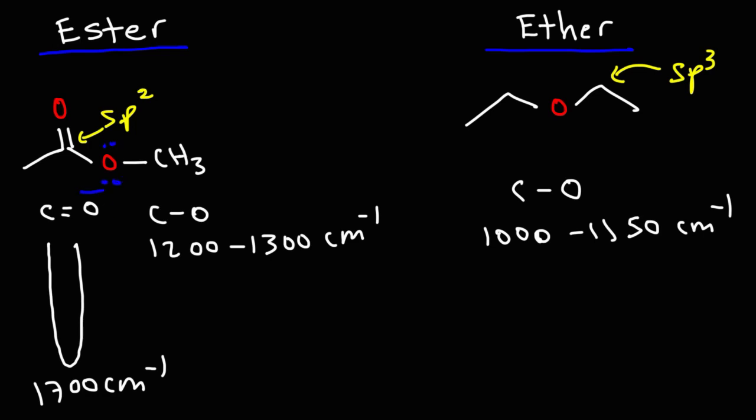So let's take this lone pair, let's form a pi bond, and let's break this pi bond. And now let's draw the resonance structure of the ester. And let's add the corresponding lone pairs.